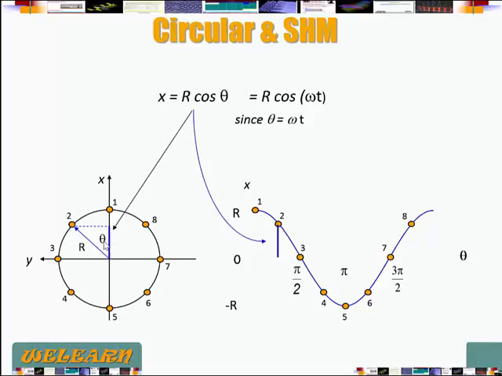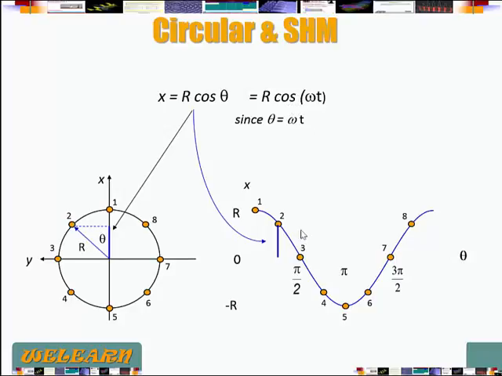Now, the x position for this position 2 here is the adjacent to the angle theta. So it is x equal r cosine theta. But theta, since the object is rotating at a constant speed, is omega, the angular velocity, times time. So that's r times cosine omega t.